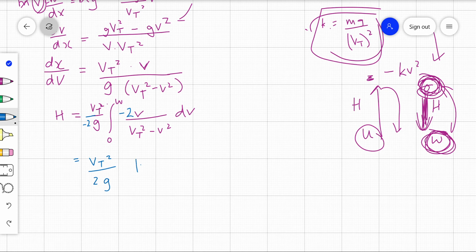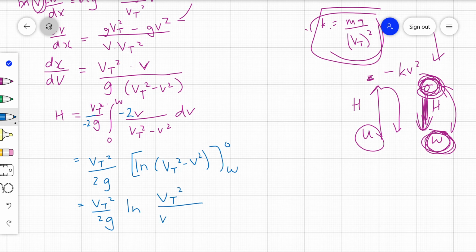So here now I've got log of the bottom, and it's between 0 and w, but I've turned them upside down. So you can see you're going to get vt squared on 2g, and when you put 0 in, you'll get log of vt squared, and then you'll get minus log of vt squared minus w squared there.